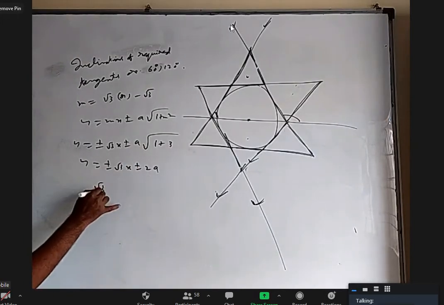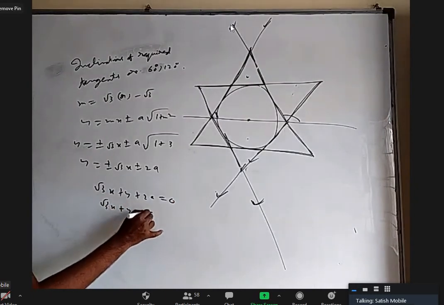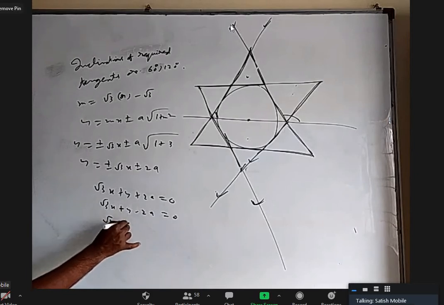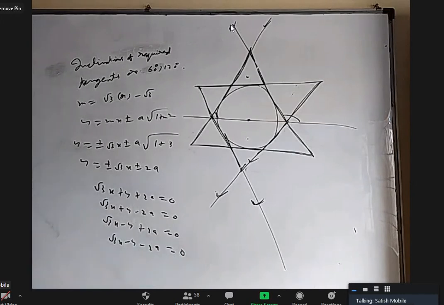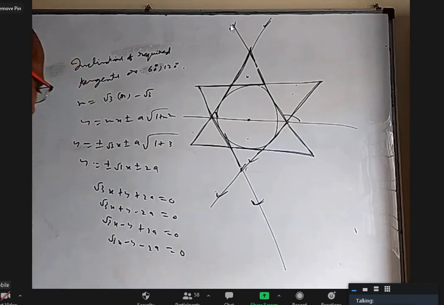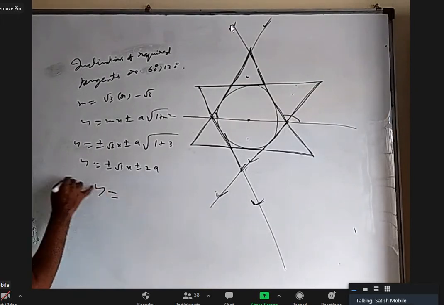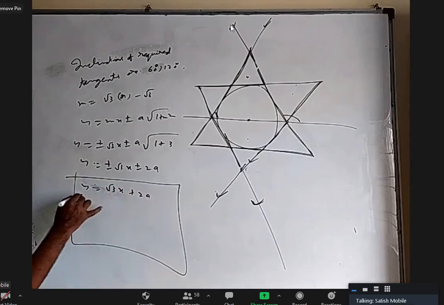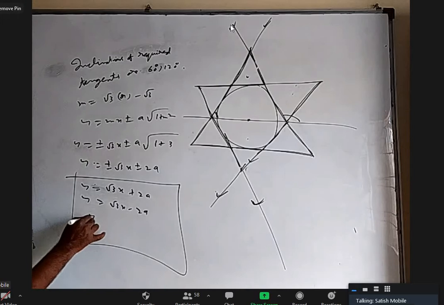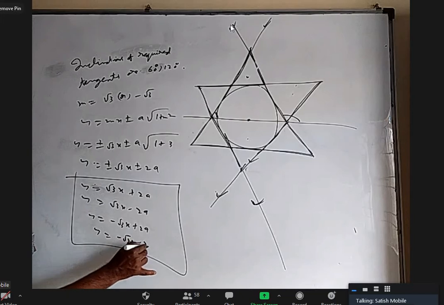Root 3x plus y plus 2a equals 0, root 3x plus y minus 2a equals 0, root 3x minus y plus 2a equals 0 and root 3x minus y minus 2a equals 0. You take plus plus, plus minus, minus plus, minus minus. You get 4 answers. Otherwise, I can write the 4 answers as y equals root 3x plus 2a, root 3x minus 2a, minus root 3x plus 2a, minus root 3x minus 2a.